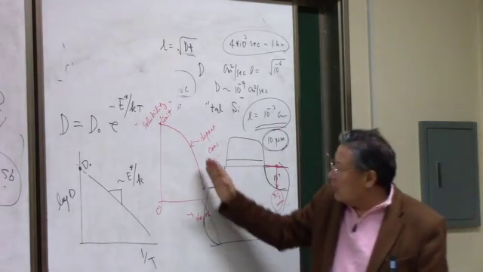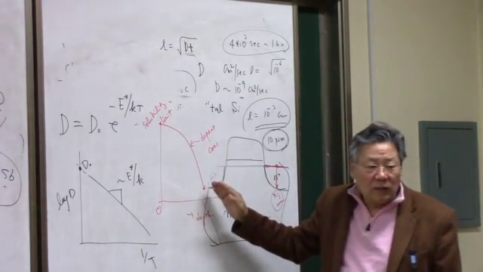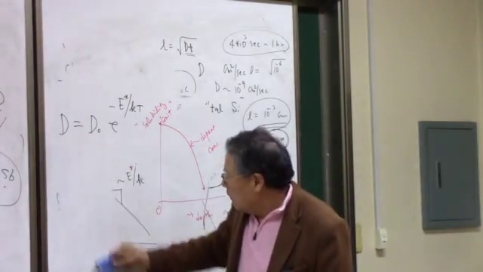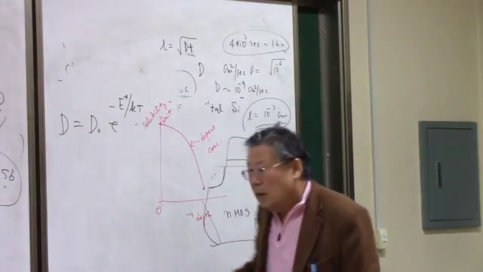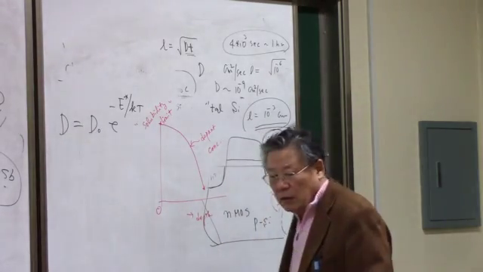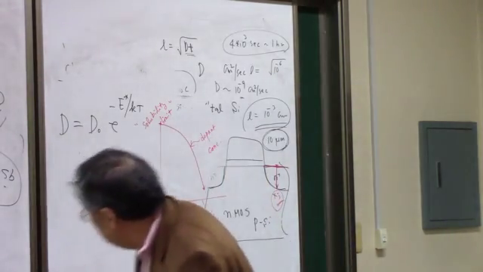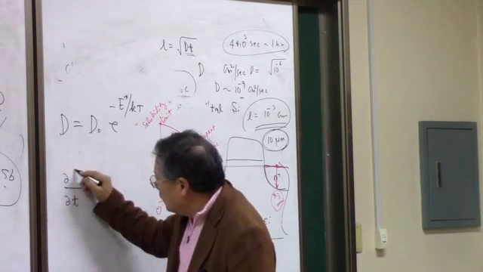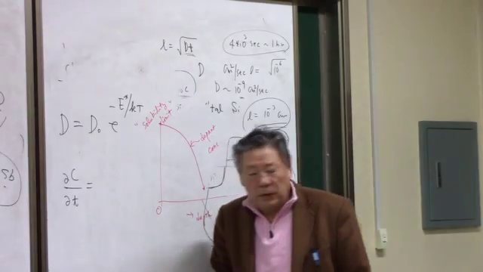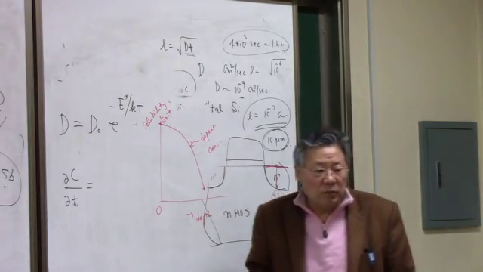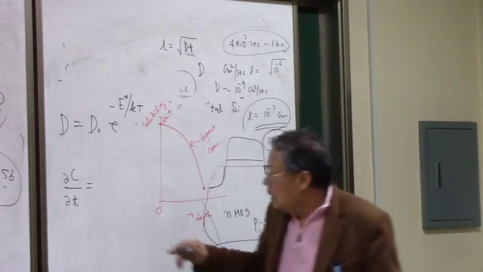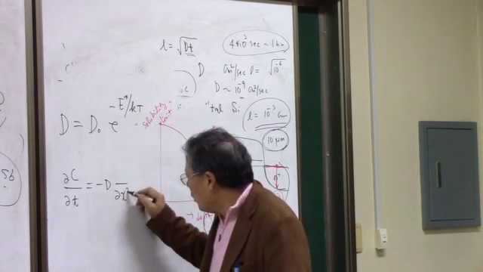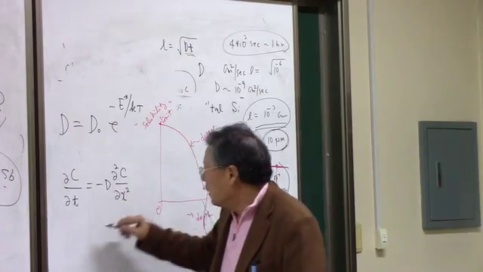And in order to get the exact profile of this, you have to solve Fick's second law. Fick's second law says ∂C/∂t, the dopant concentration change with respect to the diffusing time, is going to be D ∂²C/∂x².